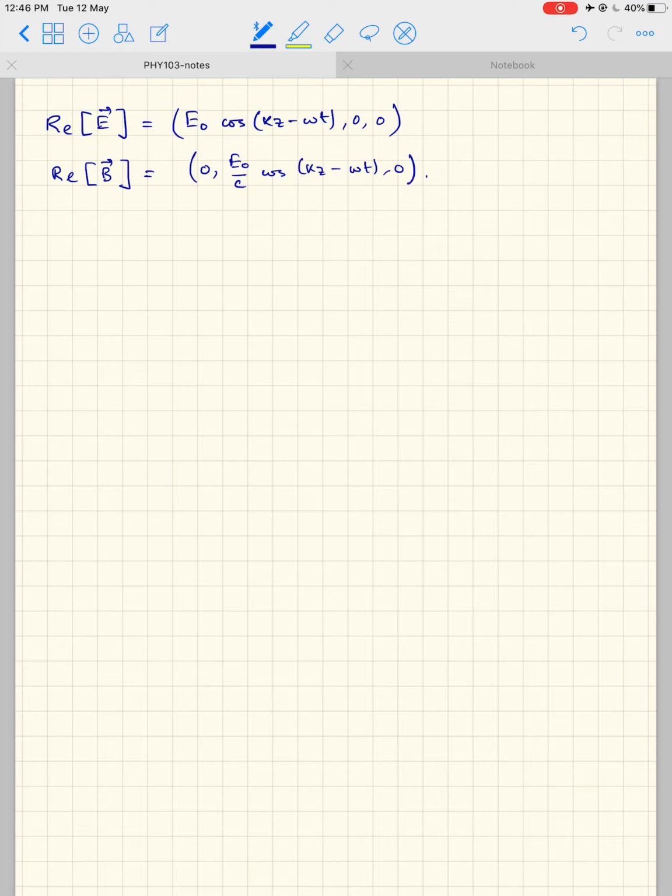There is no x or y dependence in these fields. The fields are completely uniform in x and y, so these are plane waves. At each point on the plane wave, the electric field points in the x direction with the same magnitude. This magnitude varies as we move in z and in t, but is always uniform in the plane.